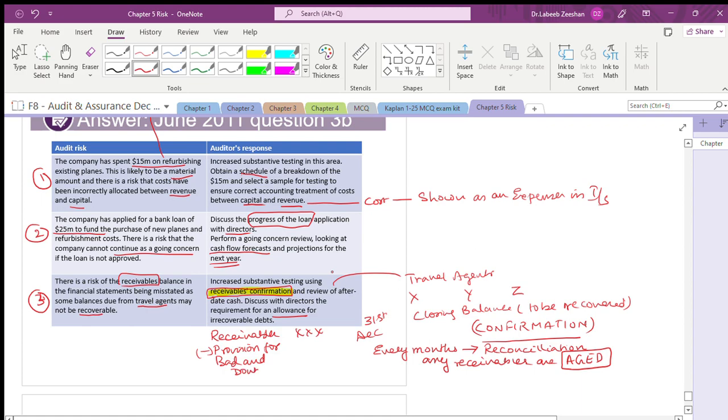You will deduct this from the receivables and you will have the net receivables. You should discuss with the directors whether they have made any provision for bad and doubtful debts, so that there should not be any issue in future.